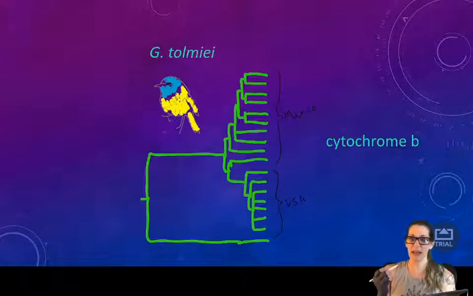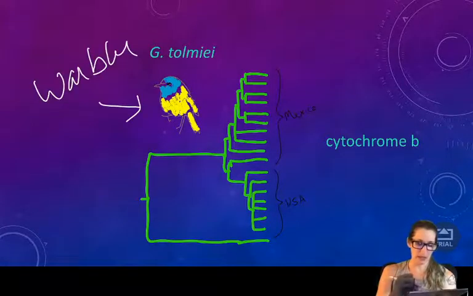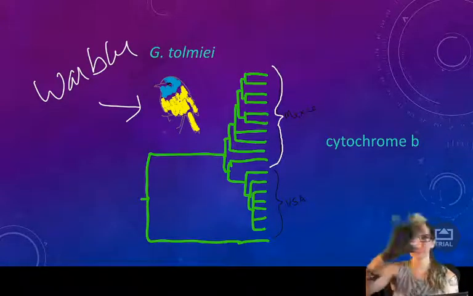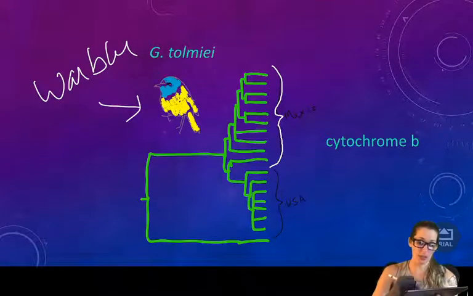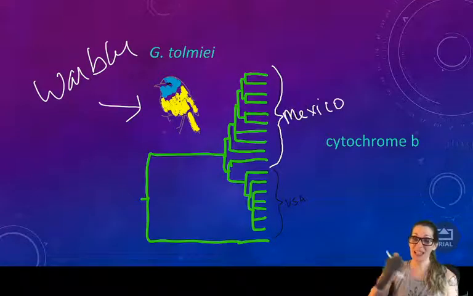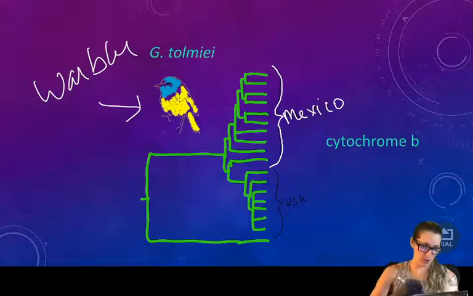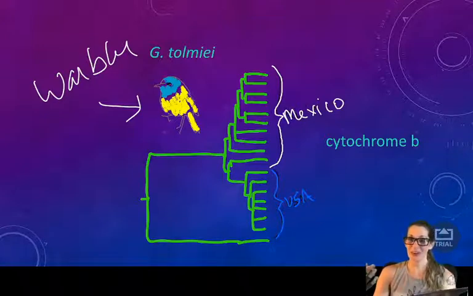If we look at the cytochrome B gene, this is the same species. What we see is that birds that live in Mexico, for this specific gene, remember this is all the same species, their cytochrome B gene nests together, whereas birds that live in the United States, their cytochrome B gene nests together.